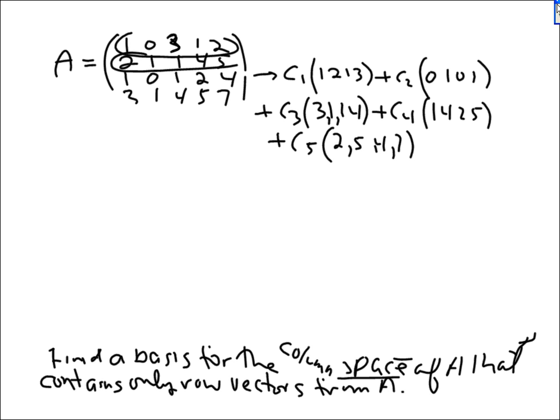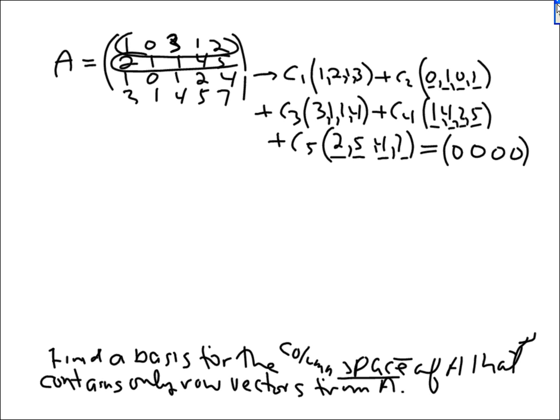There should be parentheses on an exam. Definitely put them. And I want this linear combination to give me the 0 vector in R4. All the vectors are 4-tuples, 4 numbers, so they're in R4.